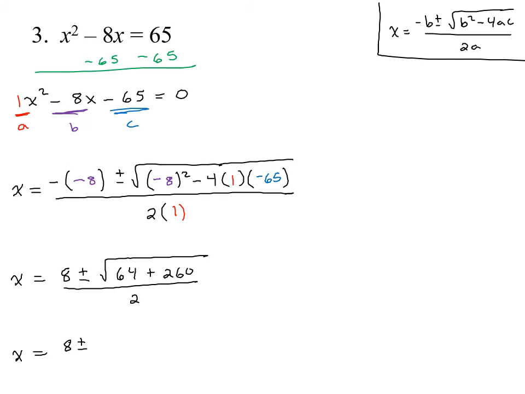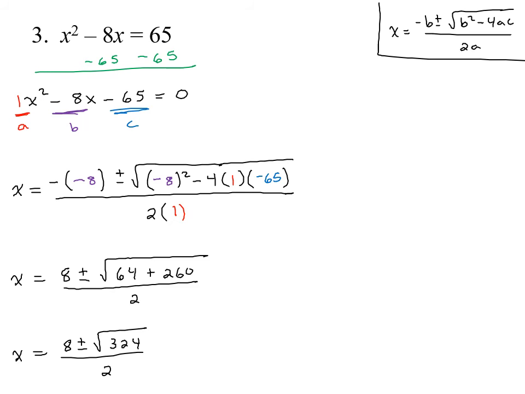So I got 8 plus and minus the square root of 260 plus 64, which is 324. And I believe 324 does simplify. 324, yes, it is 12 times 27.